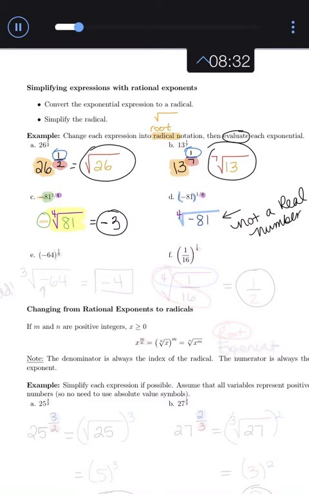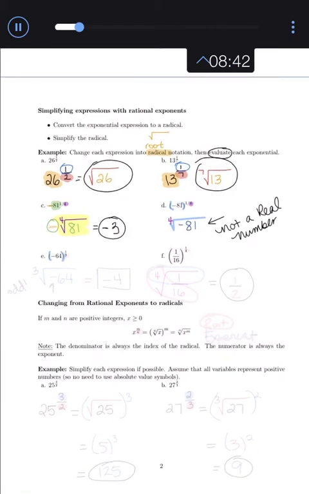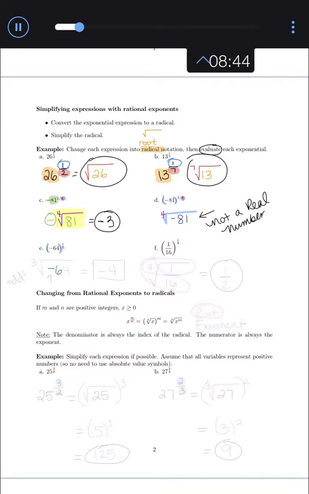Continuing along, let's look at E. Notice we do have parentheses around the negative 64. So the negative 64 will be inside of our root. The question is, what kind of root? Well, let's look at our denominator here. Well, it's a 3, which tells me I'm going to have a cube root.